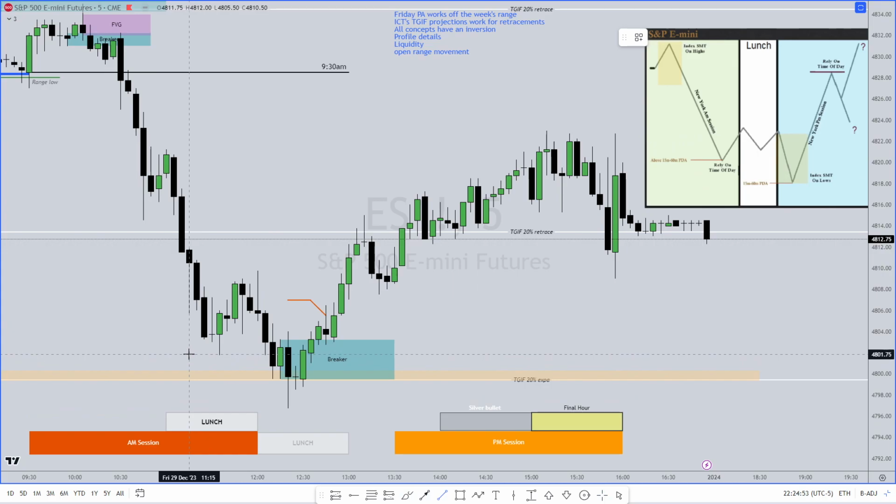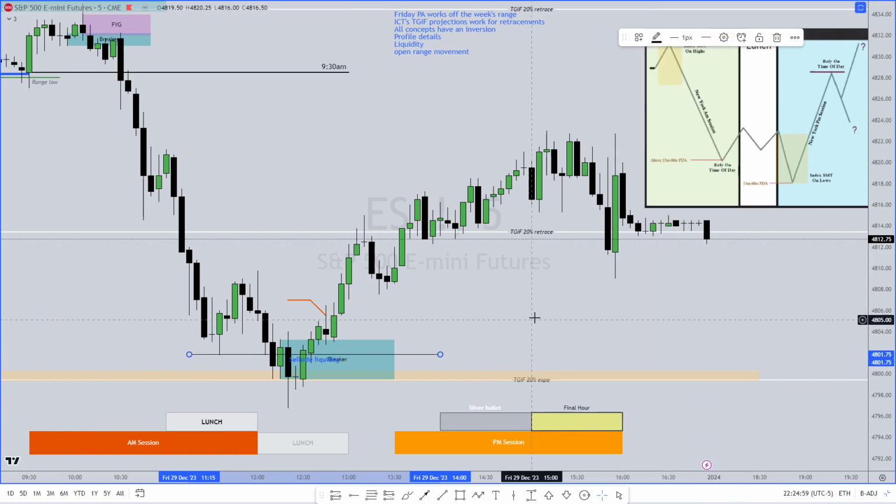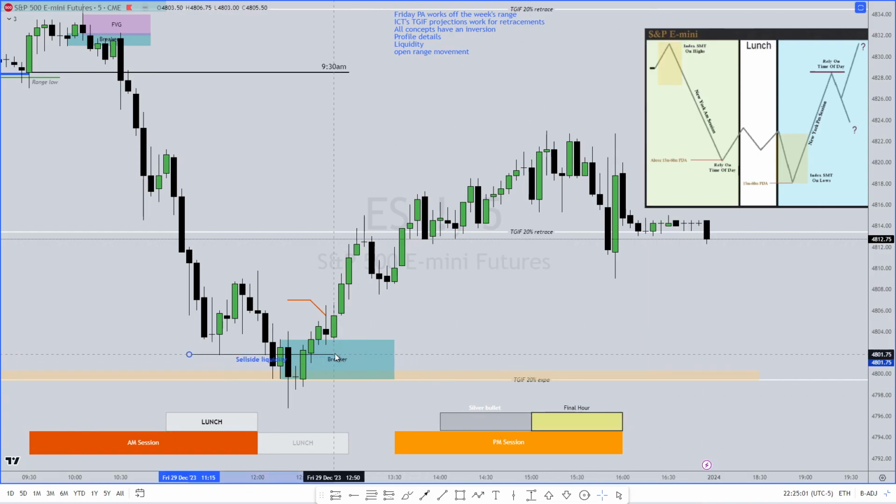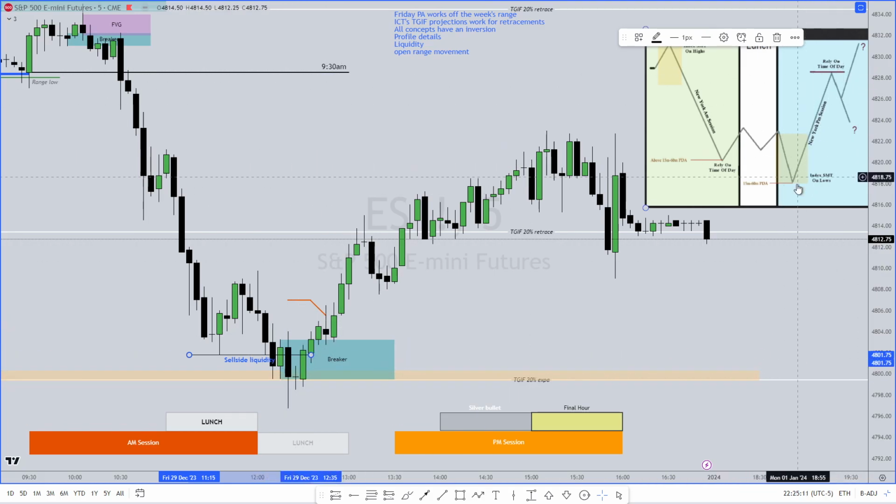So when that push below sell side happens here, and you're seeing this price action here, now you're anticipating that this will be this New York PM session reversal.